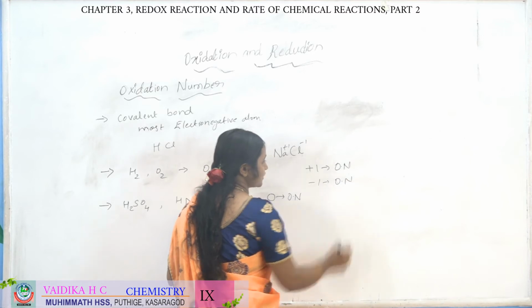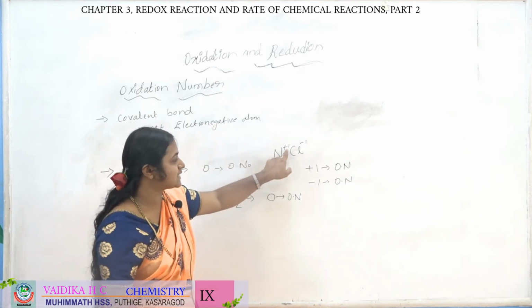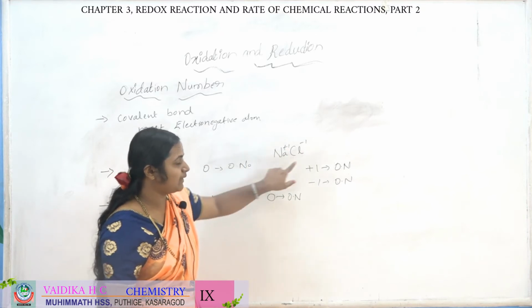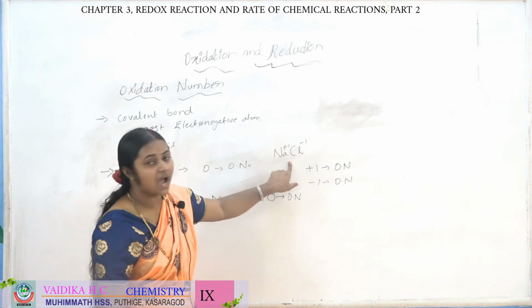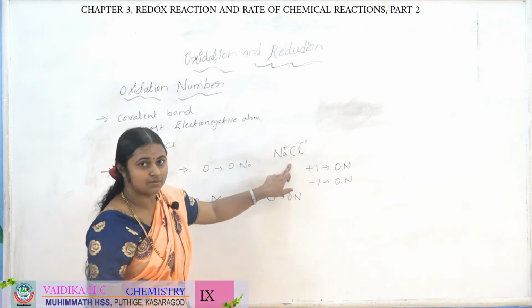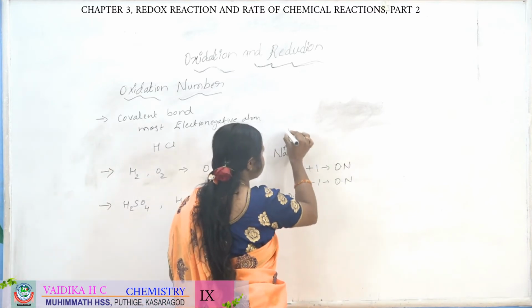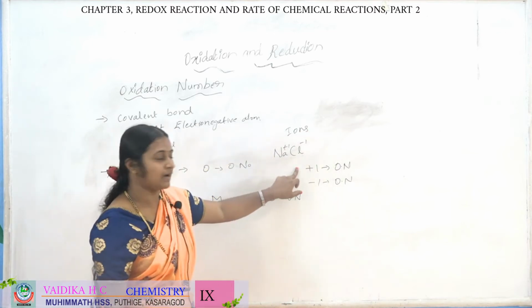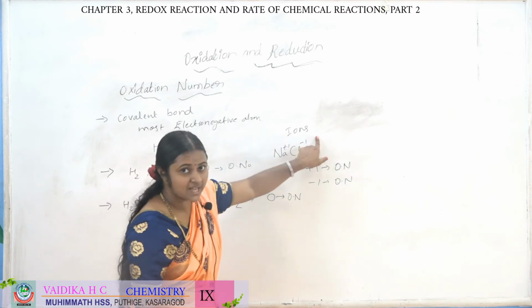So what is oxidation number? Oxidation number is the formal charge present in the atom. The atom will be in a molecule, in an ion state, not the atom state. So here sodium and chloride are the ions which combine to form a compound, right? So in the compound, the ions are there.